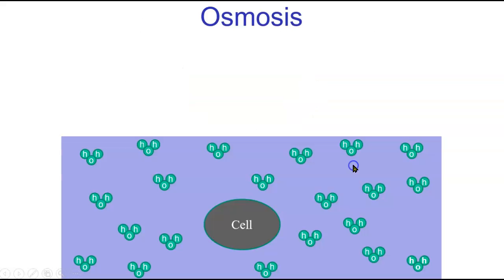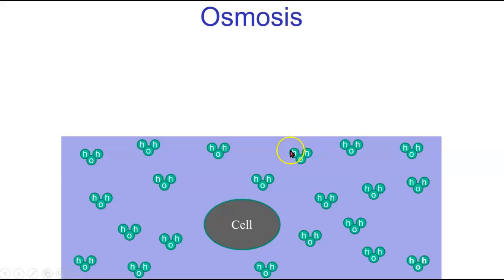It's a natural process that happens naturally. Now remember that I said that osmosis is a special type of diffusion that involves what? It involves the movement of water. So we just looked at the movement of oxygen. Now we're going to take a look at osmosis, which is just the movement of water.